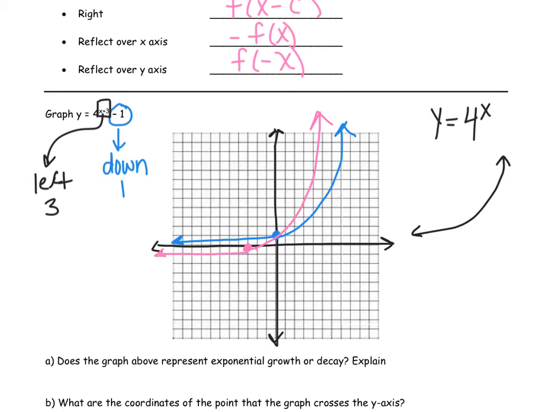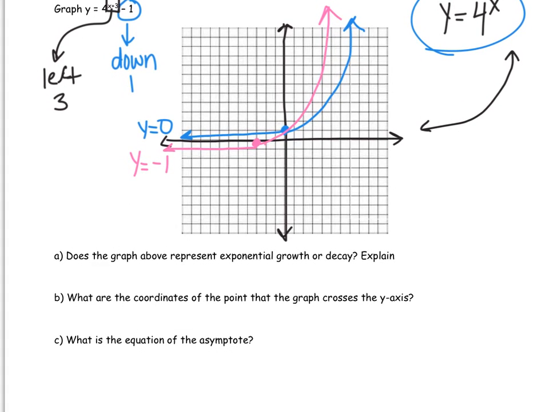Just because I'm on this iPad, it's difficult for me to draw it, but make sure yours does not hit this line, y equals -1. So in this blue equation, the graph y equals 4 to the x, this has an asymptote at the line y equals 0, where the new shifted one has an asymptote at the line y equals -1.